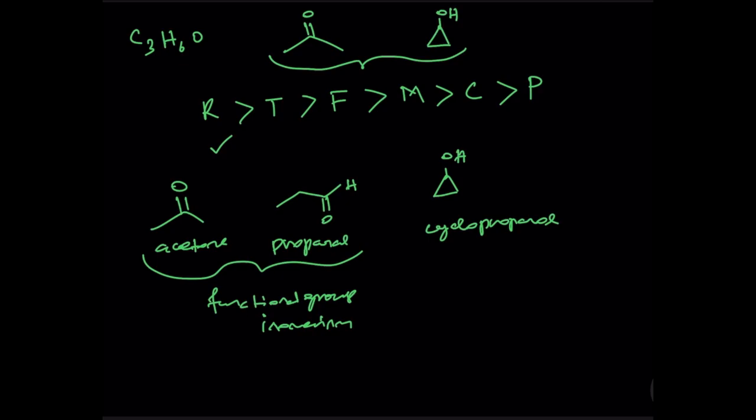In one case you have a keto group, in another case you have an aldehyde. So here you are talking about functional group isomerism. But if you are comparing acetone with cyclopropanol or propanol with cyclopropanol, then you are definitely talking about ring chain isomerism. So this one you need to be very clear about.